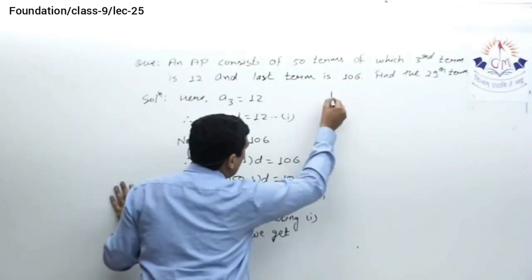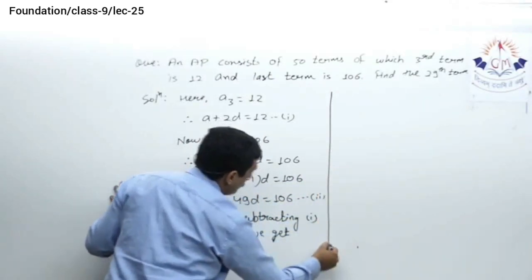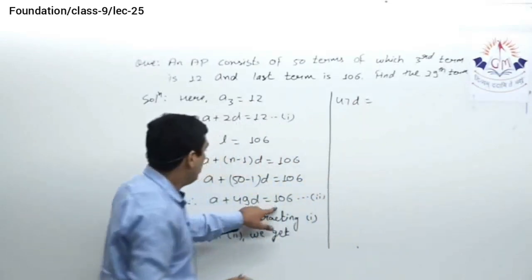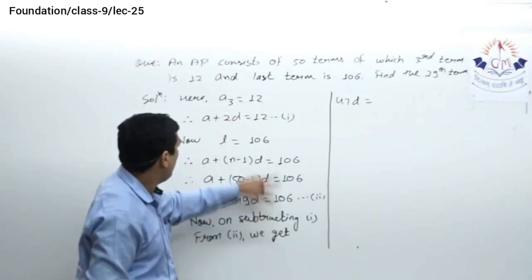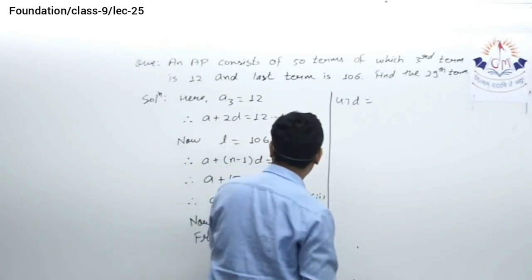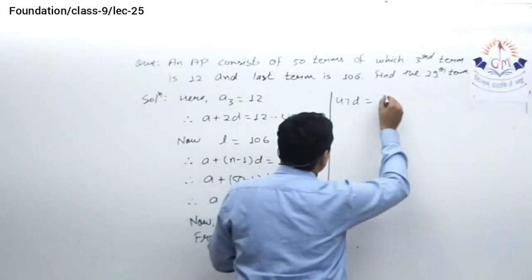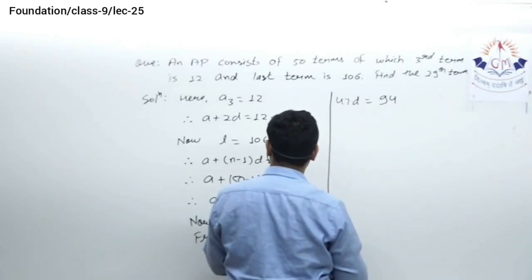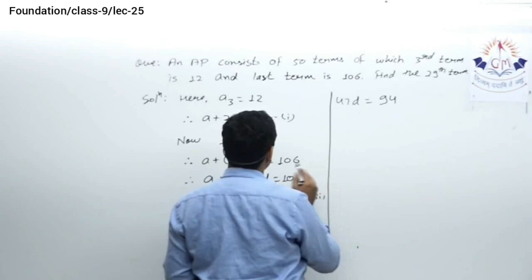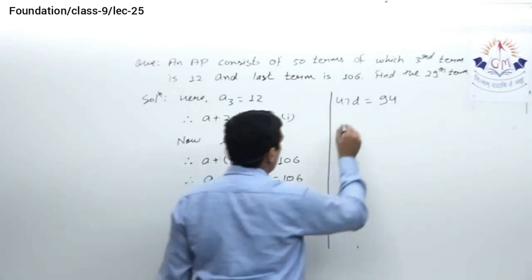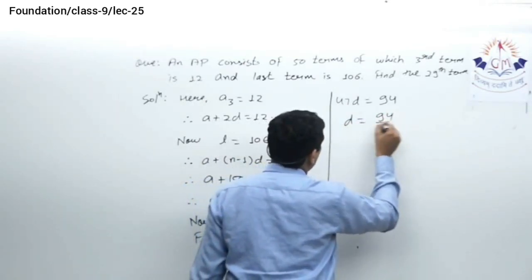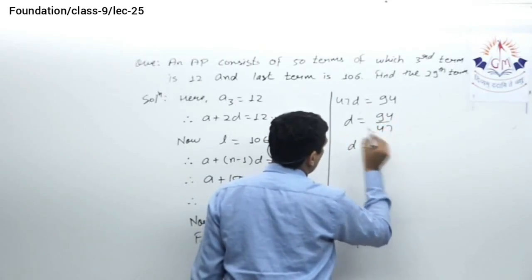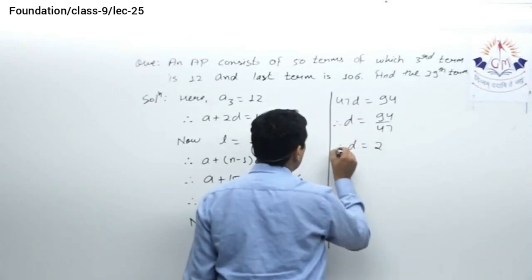So what I will get? 47D. 47D is equal to 106 minus 12, so 94. Okay, so here I can get D, that is 94 upon 47, so D is equal to 2. Okay, I got the value of D.